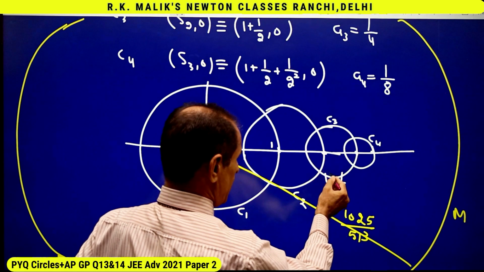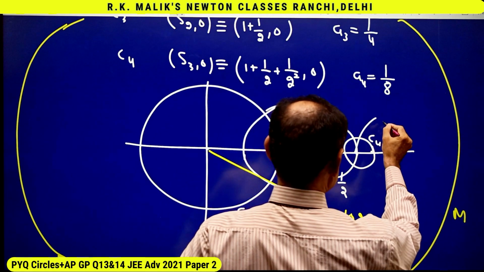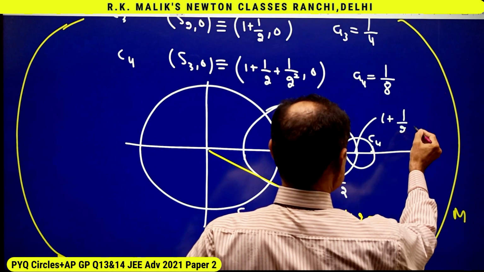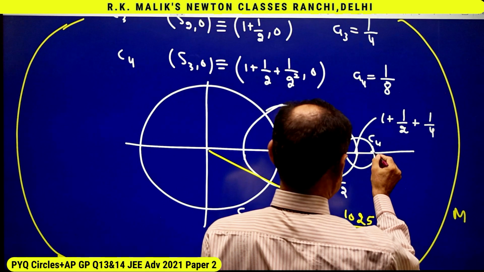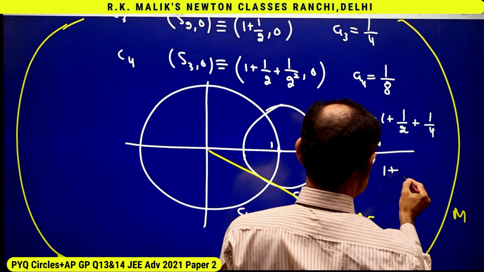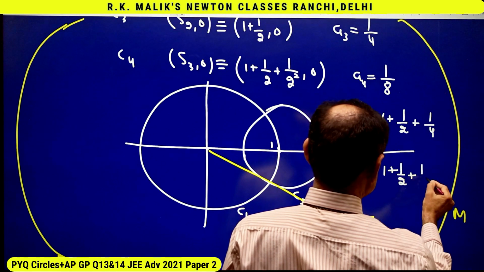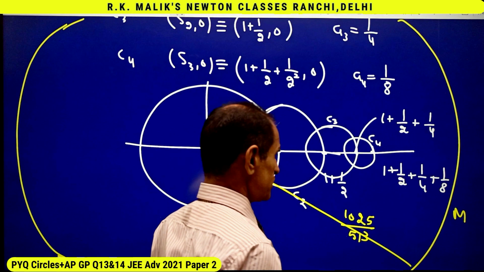This is the point having x coordinate 1 plus 1 by 2. This is the point having x coordinate 1 plus 1 by 2 plus 1 by 4. And this is the point having x coordinate 1 plus 1 by 2 plus 1 by 4 plus 1 by 8.